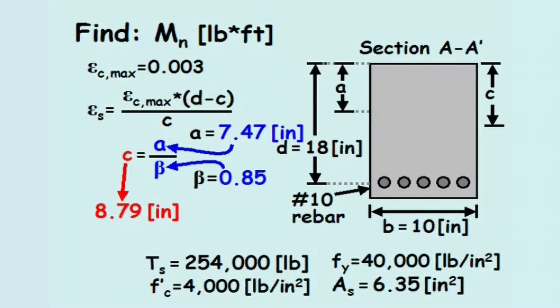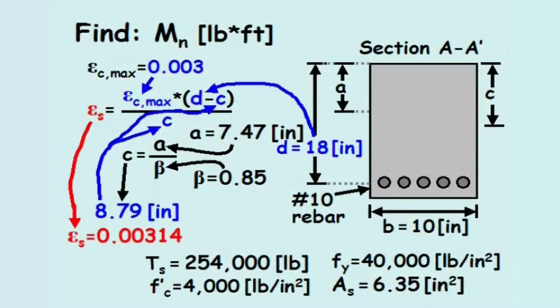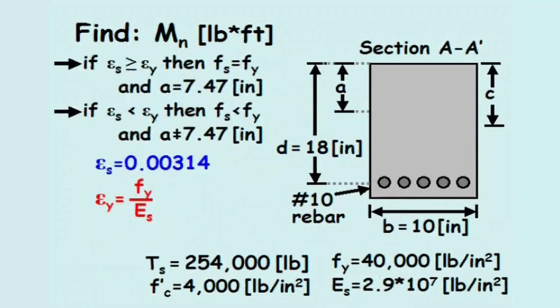After the values of C, D, and epsilon c max are plugged into the equation for the strain in the steel, the strain in the steel equals 0.00314. The yield strain in the steel, epsilon y, can be calculated as the yield stress in the steel, Fy, divided by the modulus of elasticity in the steel, E sub s.